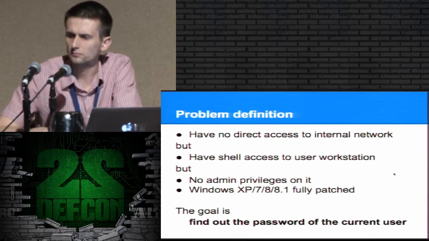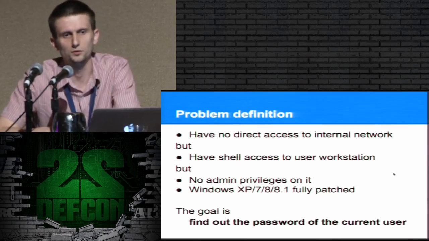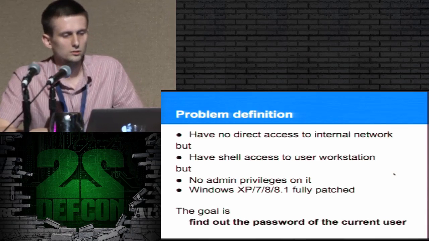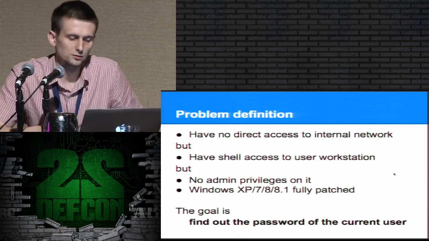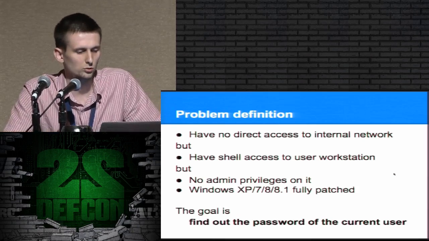I mean, without a proxy, for example, or there is some kind of restriction on it. And of course, we have shell access to the user workstation because our payload was, I don't know, from the Metasploit framework or some kind of it.